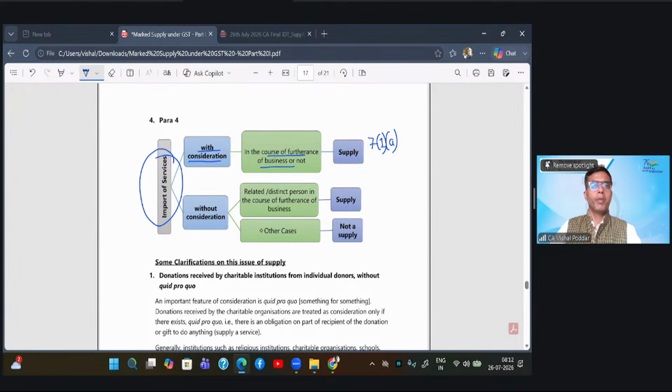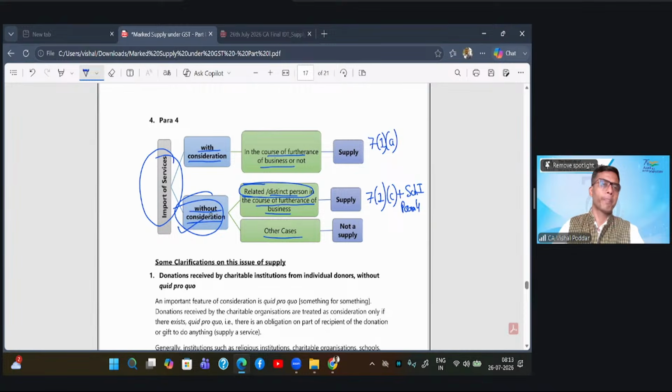Second, it may be done without consideration. Now, when it is done without consideration and it is done between related persons or distinct persons, it is again a supply, but as per 7(1)(c), read with Schedule 1, Para 4. But where it is done without consideration in other cases, what are other cases? One, it is not between related or distinct person. Two, it is in personal capacity, not in the course of business.